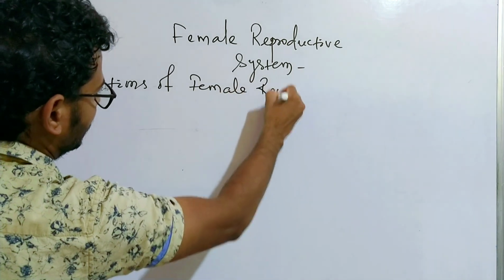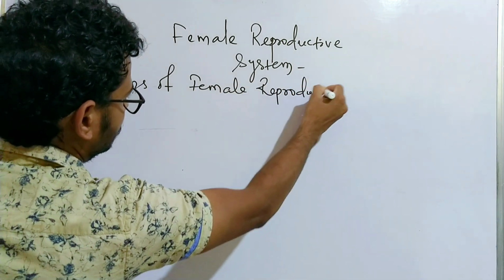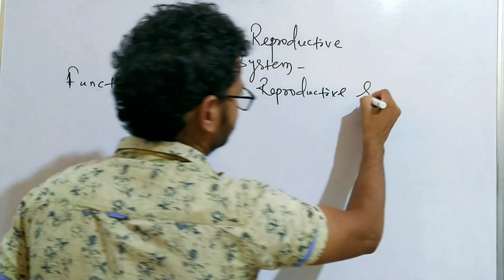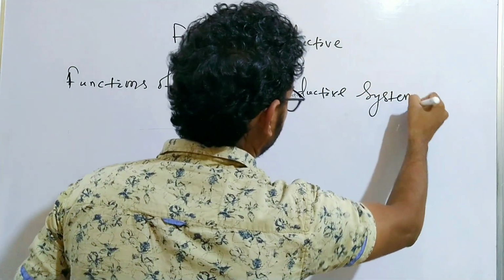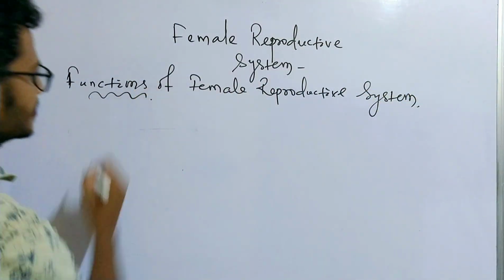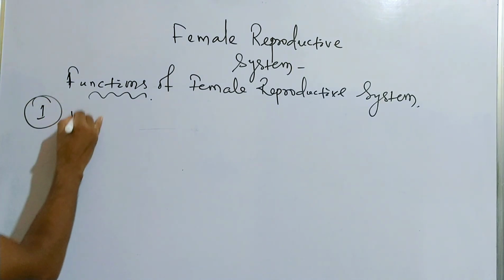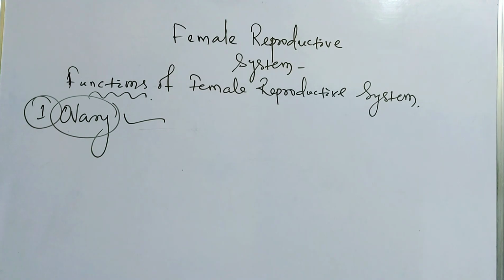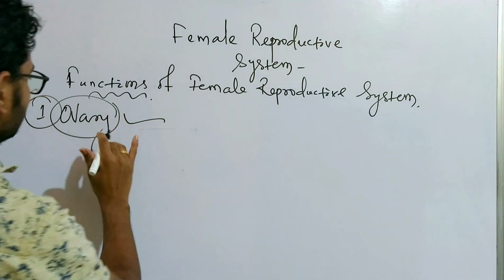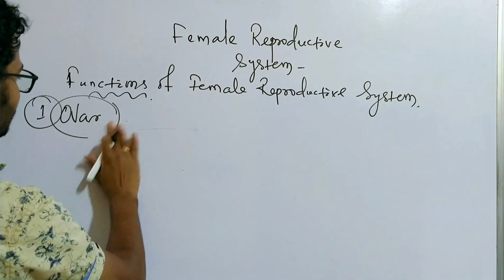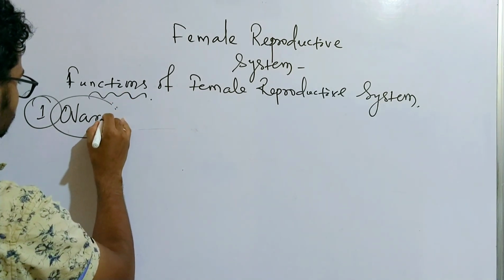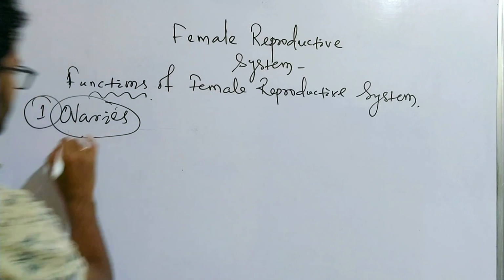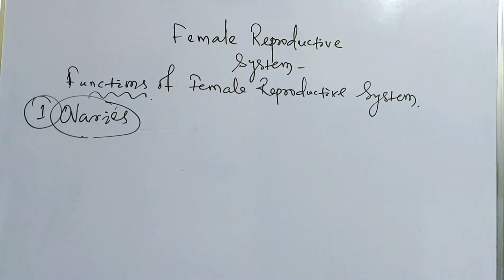Let's talk about the ovary first. What are the important functions of the ovaries? There are how many ovaries? Two ovaries are there.